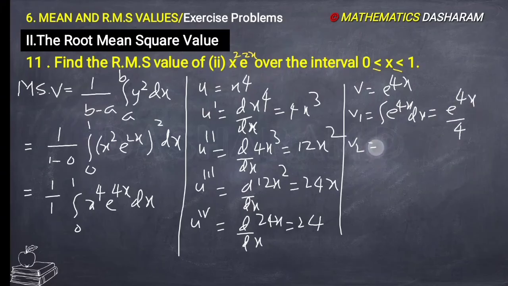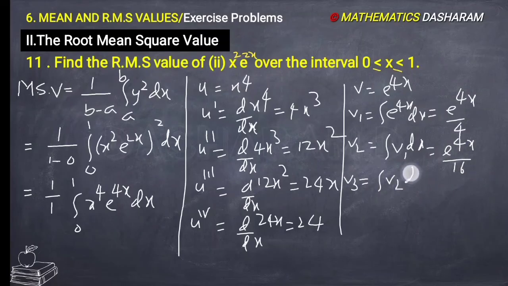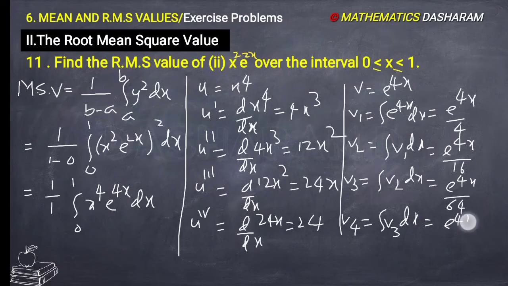Next v2 equals to integration of v1 dx, so that is e to the power of 4x by 16. v3 equals to integration of v2 dx, that is e to the power of 4x divided by 64. v4 equals to integration of v3 dx, so that is e to the power of 4x divided by 256.